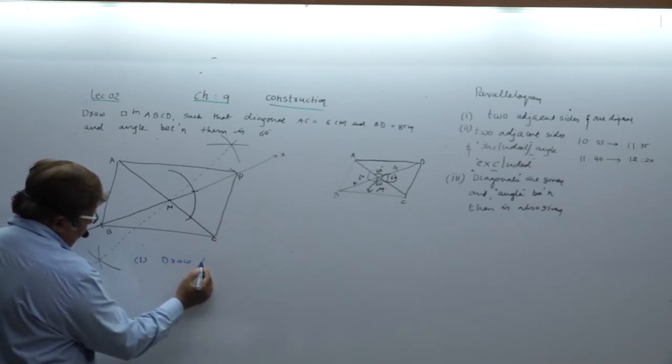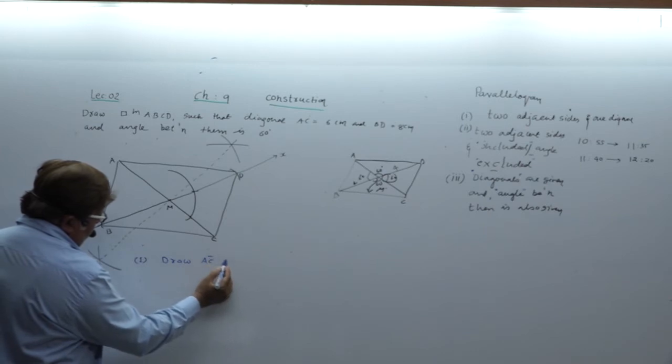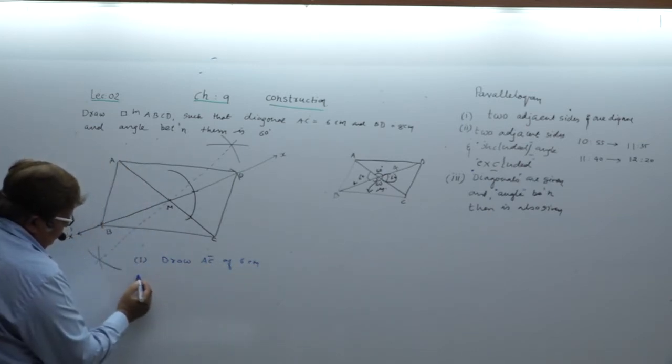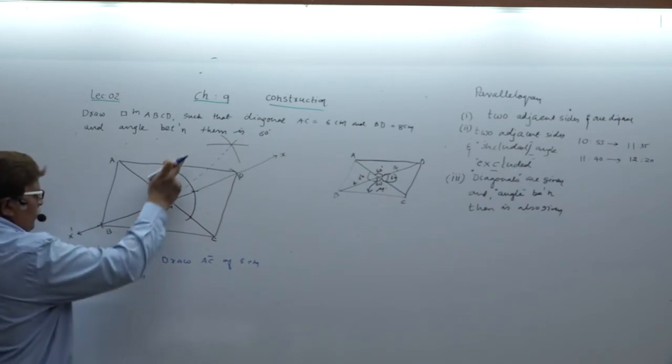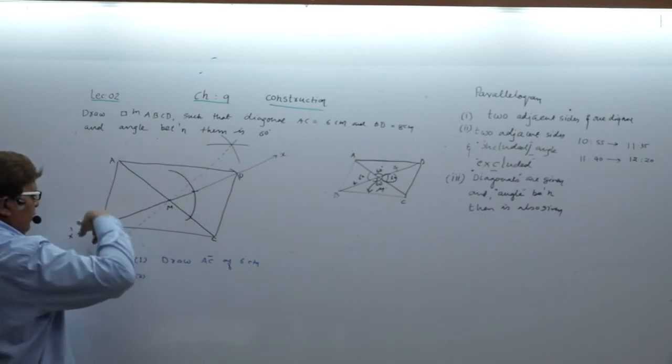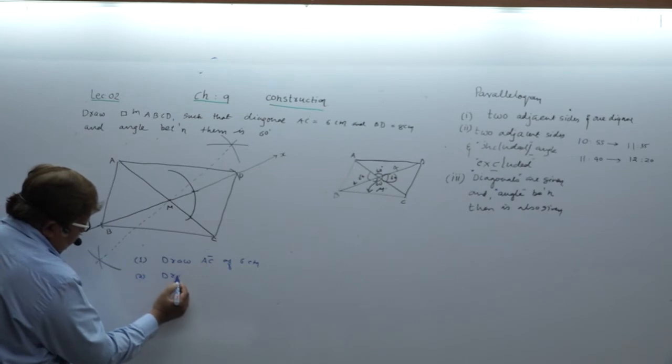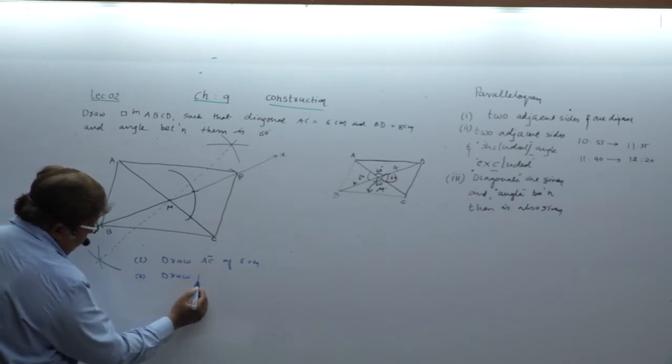Draw AC of 6 centimeter. Next step, as you all know, the perpendicular bisector of AC. So you will write this way.